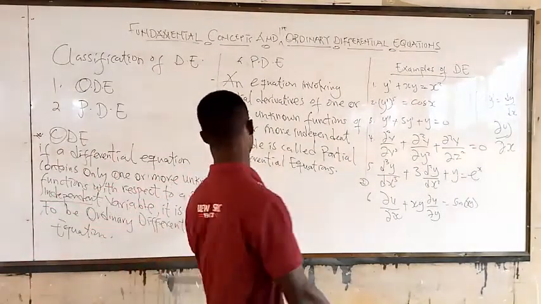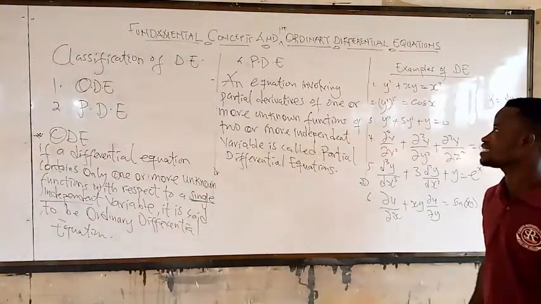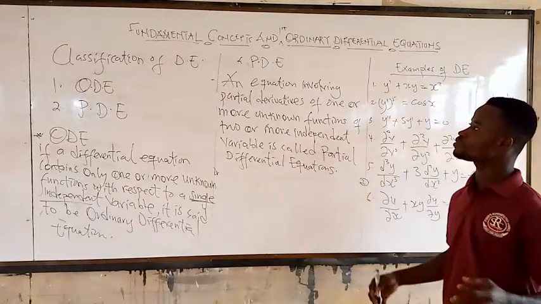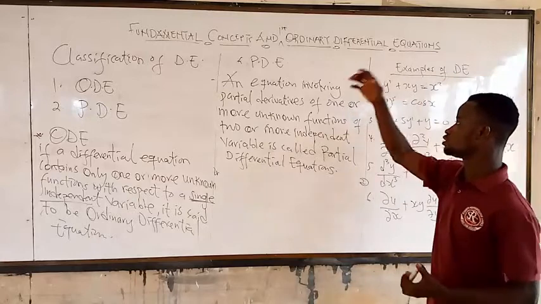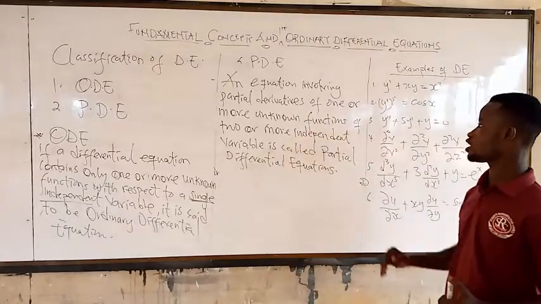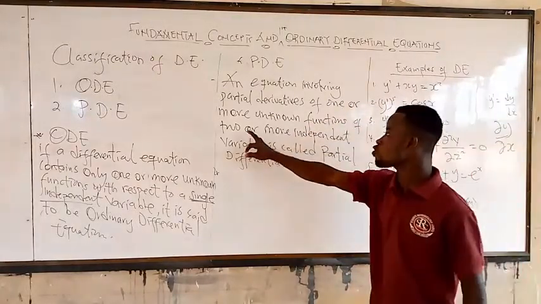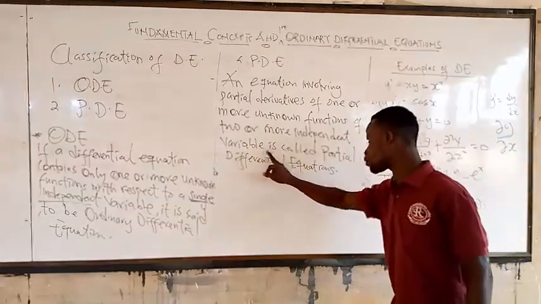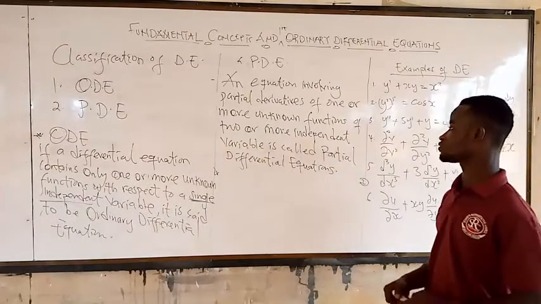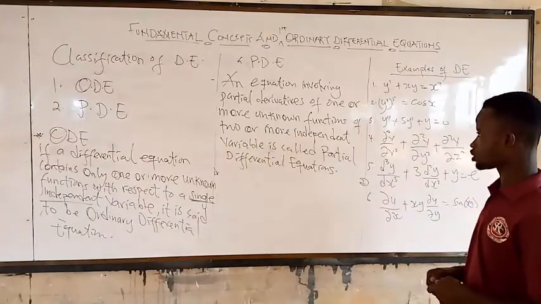Alright, so that is that for PDE. We are saying that an equation involving partial derivatives of one or more unknown functions of two or more independent variables is called a partial differential equation.